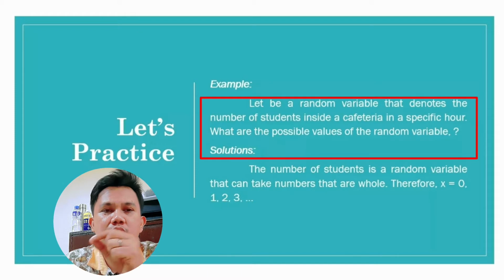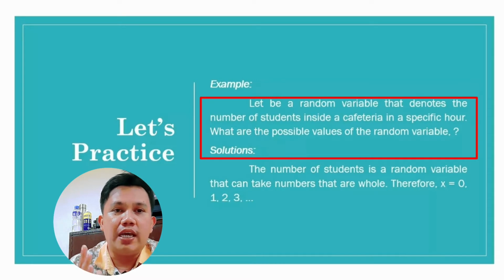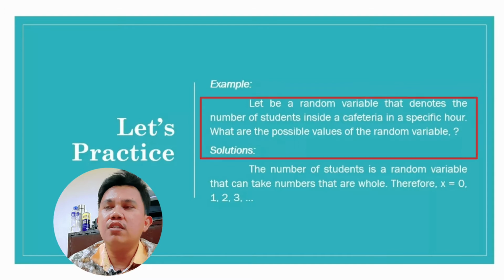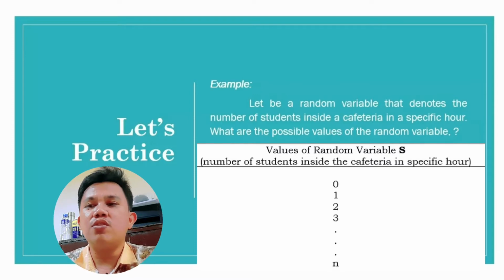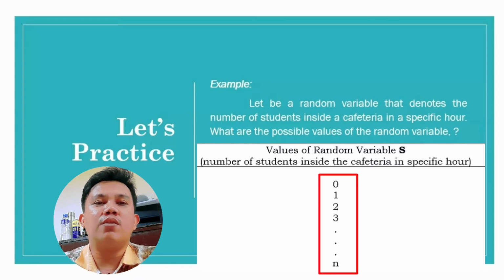So instead na isulat natin yung random variable na pagkahaba-haba na number of students inside the cafeteria, we're just using a variable or letters. Let's say random variable S is the number of the students inside a cafeteria in a specific hour. So ang question dito is what are the possible values of the random variable?